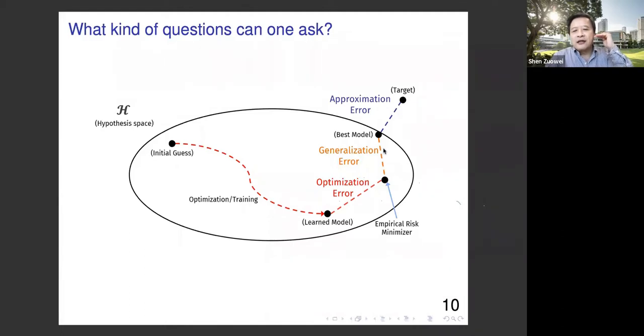The numerator is the dimension of the parameter. The denominator is the number of data. Sometimes they put the numerator as an entropy or some other covering number, but essentially it is related to the dimension of the parameter.